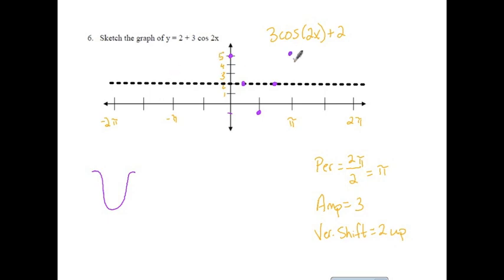I'm just going to go forward, over 1 pi, that's my period. Halfway between those is the lowest point, and halfway between those are the zeros. So then we graph it. And there we go. That wraps it up for graphing sine and cosine functions.